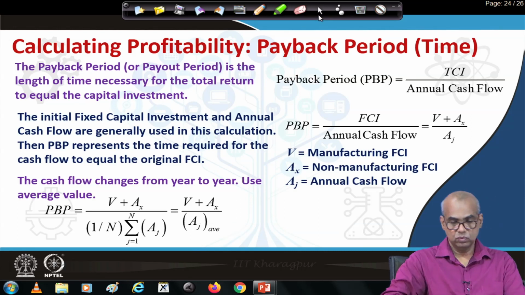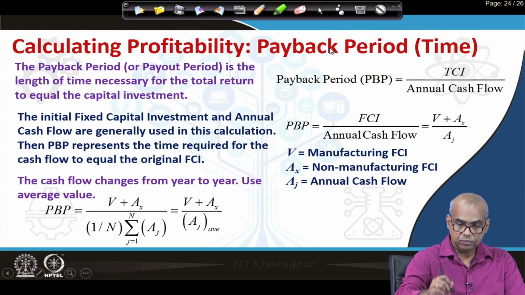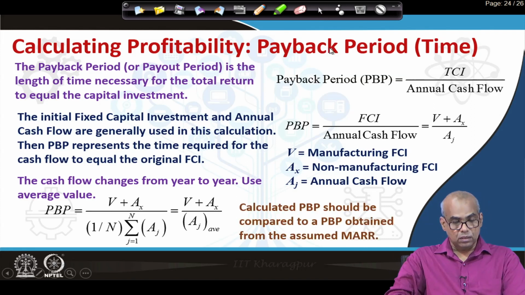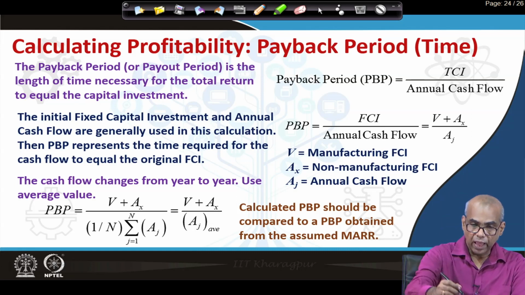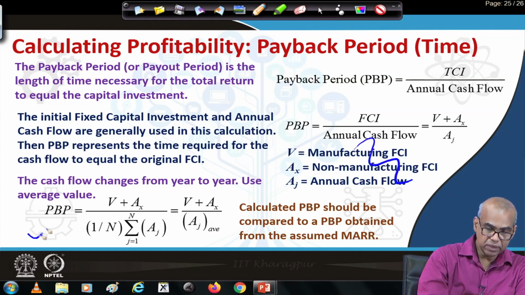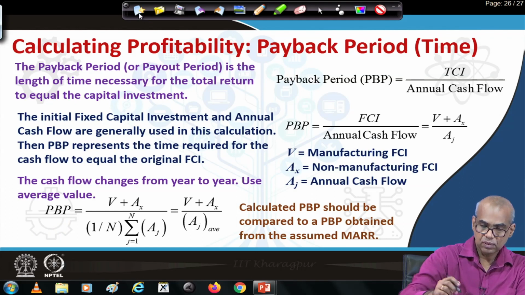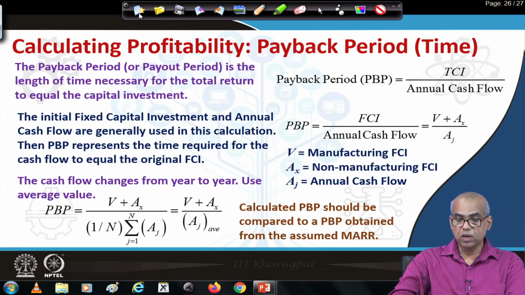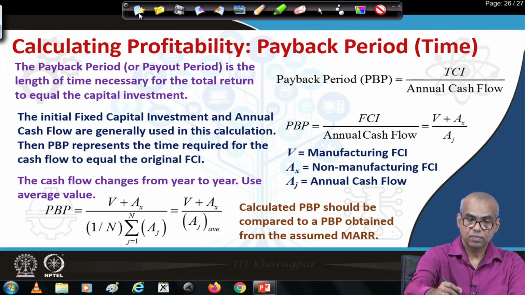Now, the payback period calculated according to this expression needs to be compared to a payback period obtained from the assumed minimum acceptable rate of return.